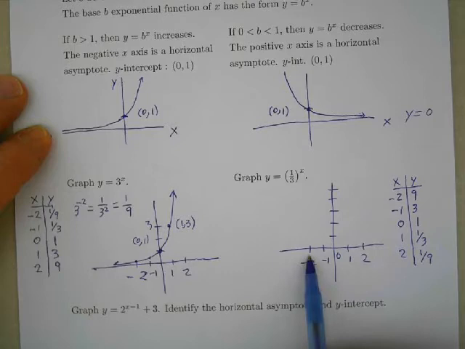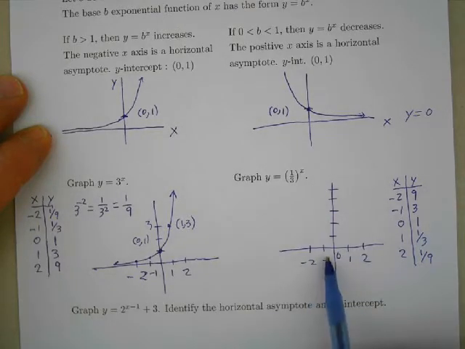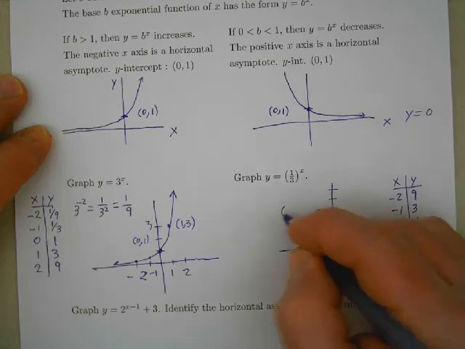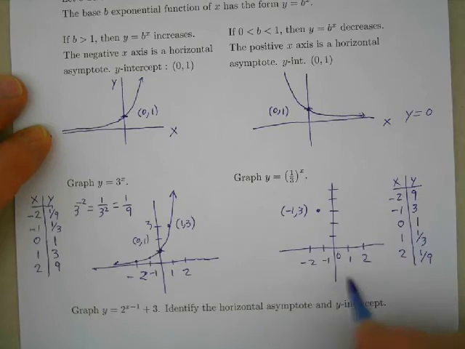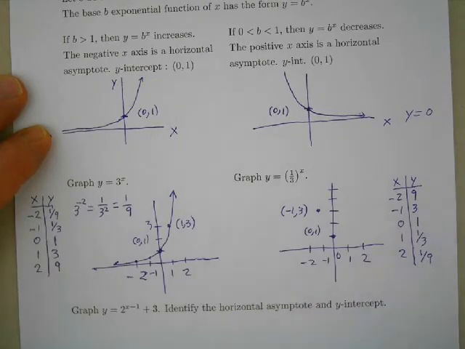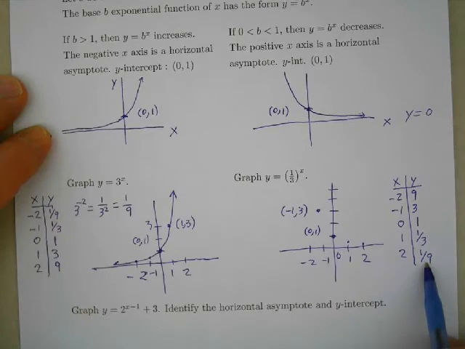So the ordered pair (-2, 9) is off the grid. The ordered pair (-1, 3) is about right there. (0, 1) is the y-intercept. When x is 1, the y-coordinate is 1/3, and when x is 2, the y-coordinate is 1/9.